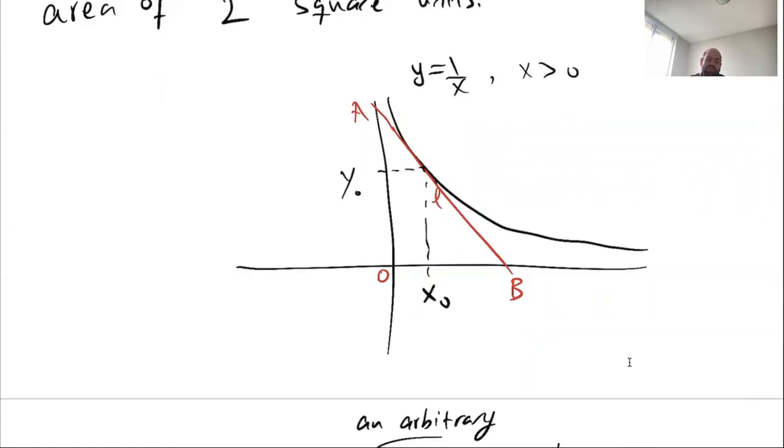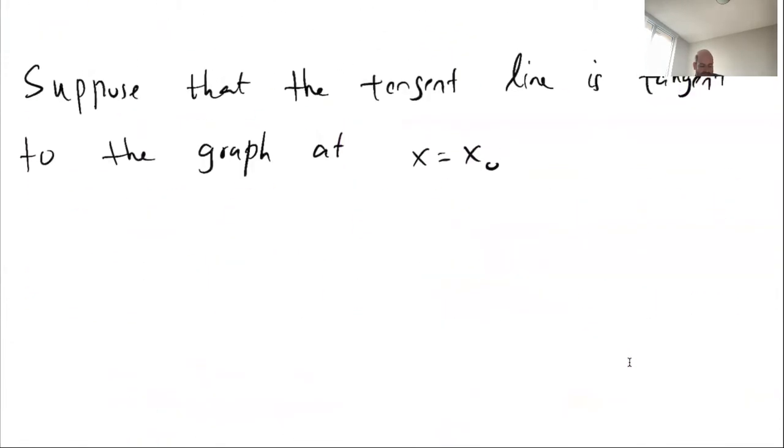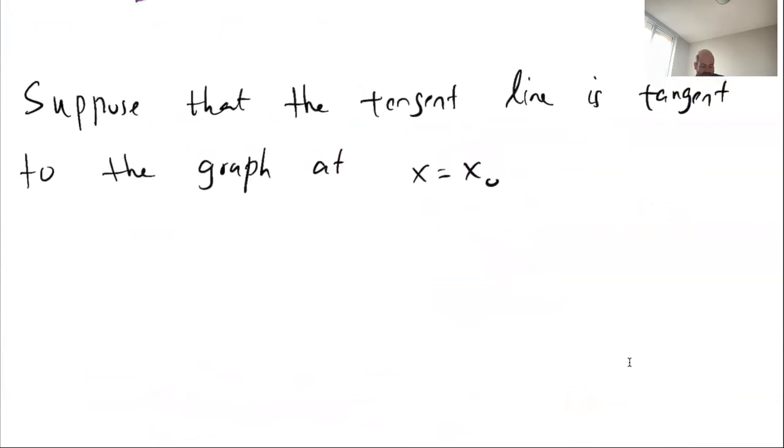So I'm calling it x0. Now, this x0 could be 1, could be 5, could be 6, it could be anything. My argument is valid in general because I'm not assuming that the point of tangency is 1, or that it's 5. I'm just calling it x0 for an arbitrary x0. So suppose that the tangent line is tangent to the graph at x equals x0.